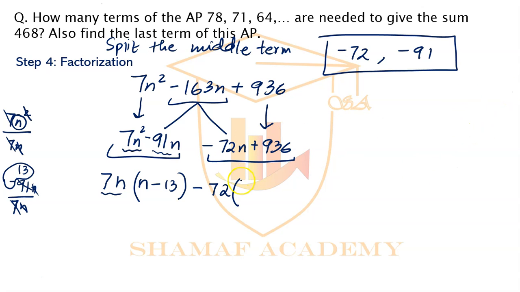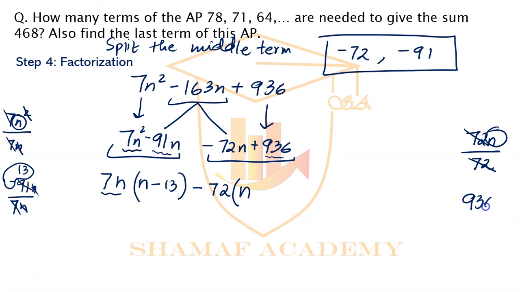Let me divide. I have taken negative 72 outside, so that leaves positive 72n. So let me just divide positive 72n by negative 72, which gives me just an n here. So we have n, and let's divide 936 with negative 72 and see what do we get.